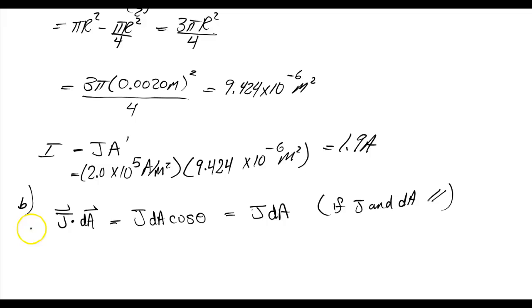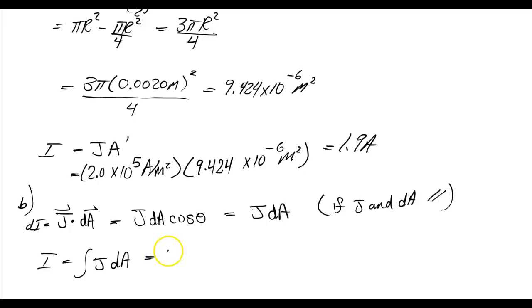Right. So now this J times dA is nothing more than an element of current, so the current itself is going to be the integral of J dA in this case.